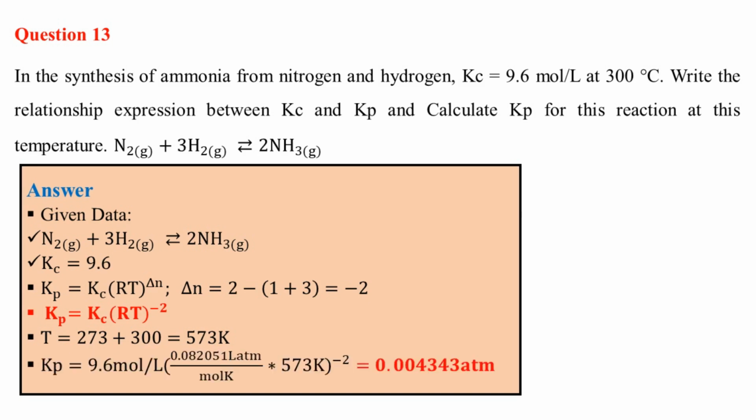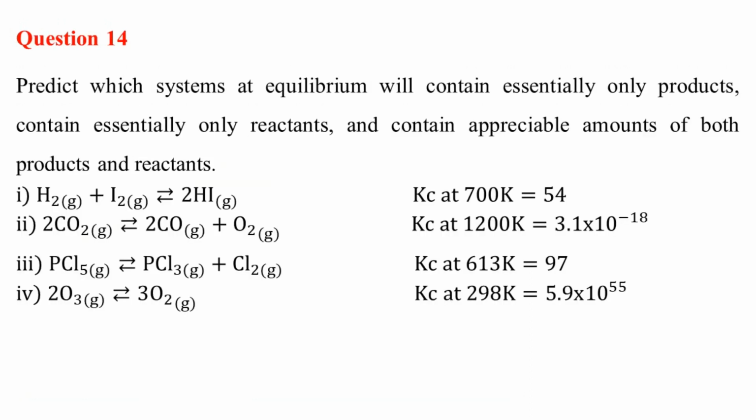Then the gas constant, we know, then we can replace all the values. By replacing the values, here the Kc that was given, 9.6. We have also the gas constant, which we know should be in liter atmosphere per mole Kelvin. Then here we have the value of Kelvin, and here we have the change in number of mole. So then we get the value.